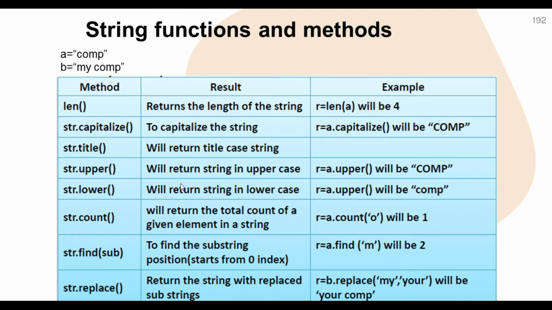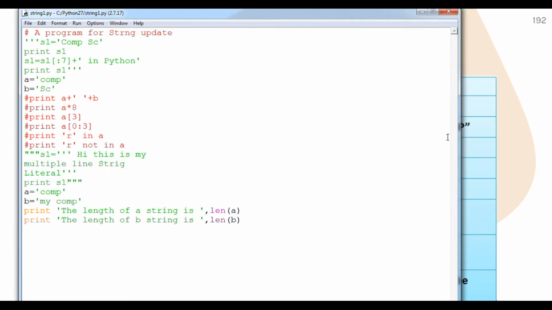Now we are going to talk about the next one, capitalize. Students, here is the capitalize function. Along with the string variable you have to use it like this: str, the string data type, along with a dot, and capitalize, to capitalize the string. Suppose there is a small letter, it will be converted to a capital.